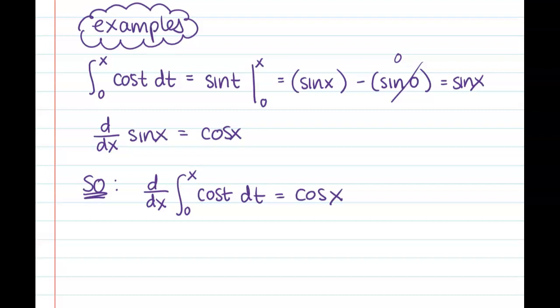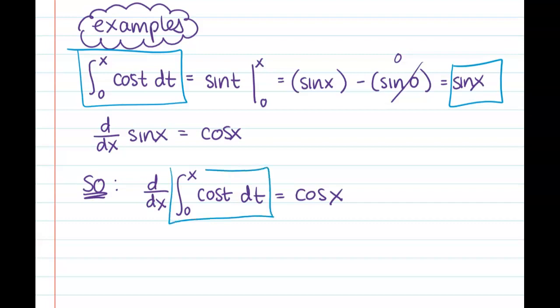But I'm going to sit with this for just a second with you. So we found the integral from 0 to x of cosine of t was sine of x. And so then if we differentiate that integral, it's the same as differentiating sine, which is why we end up with cosine.